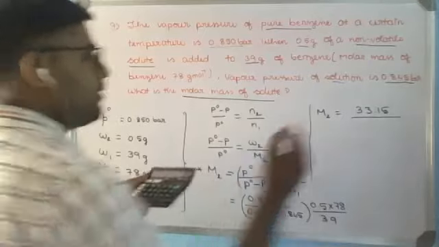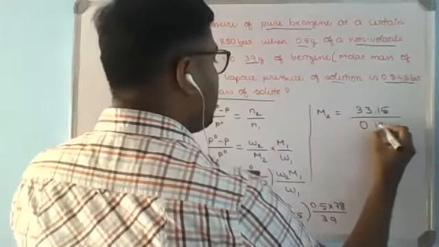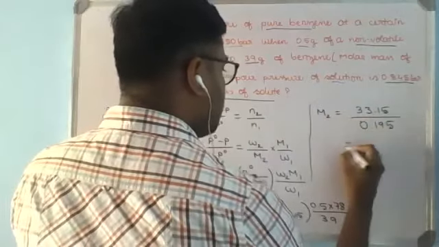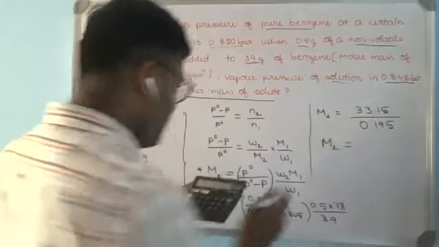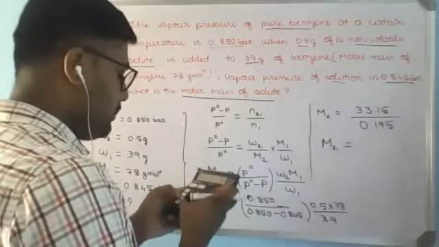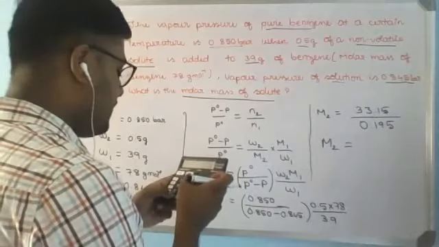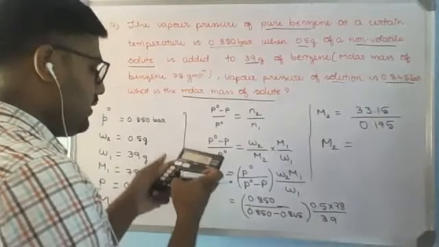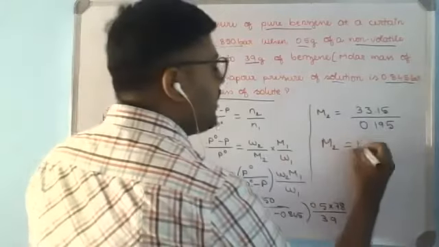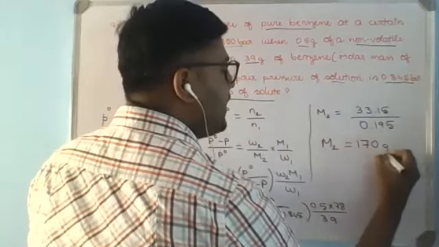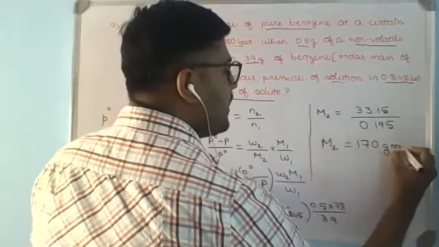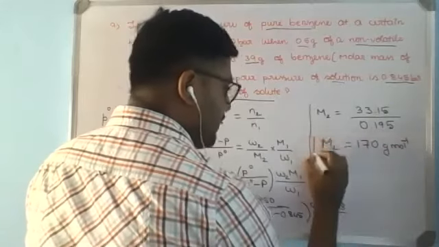The denominator value now is 0.195. I will divide this to get the final molar mass of the solute. It is 33.15 divided by 0.195. The answer is 170, as it is a molar mass. Gram per mole is the unit.